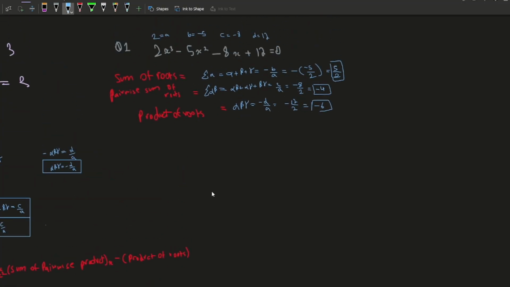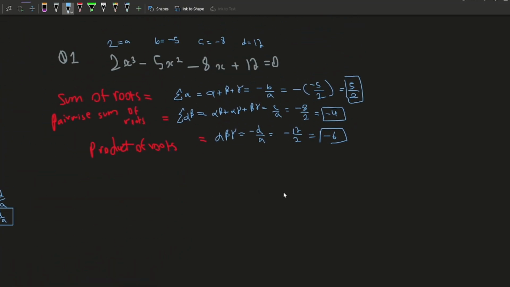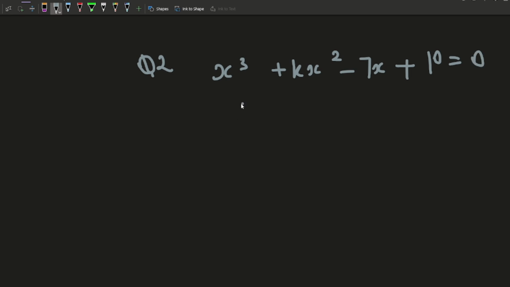Okay, now let's try another example question. Question 2. We are given x cubed plus k x squared minus 7x plus 10 equals 0. Find k, given that the sum of roots is minus 3.